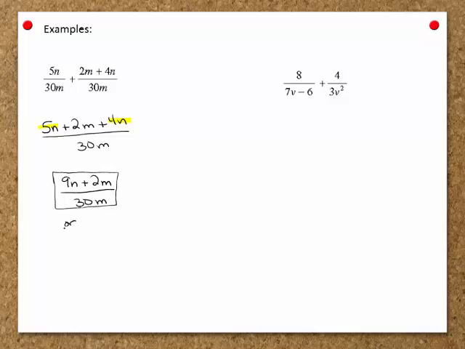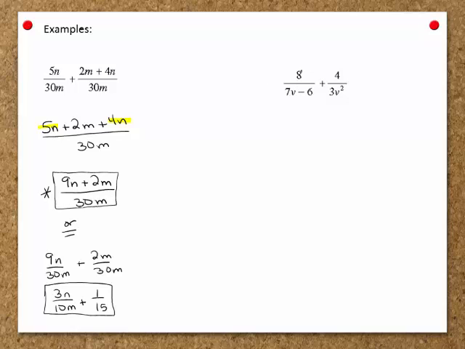But if you did want to take it a step further, you could do 9n over 30m plus 2m over 30m, and then reduce each of these. 9 and 30 will both divide by 3, so I'll get 3n over 10m plus, the m's cancel, and I'll have 1 over 15. So this is another possible solution or answer. This one I think is the most elegant and the least amount of work.